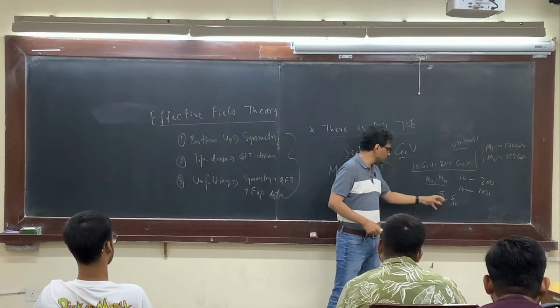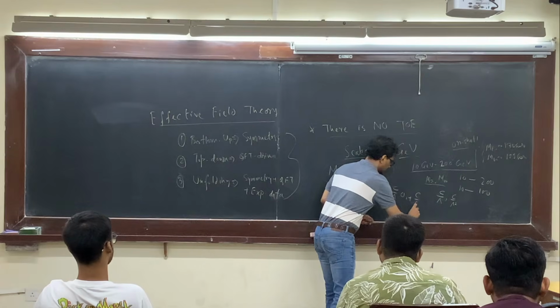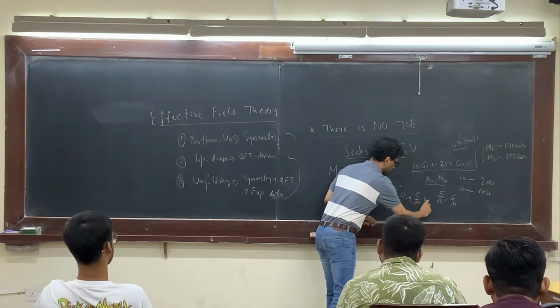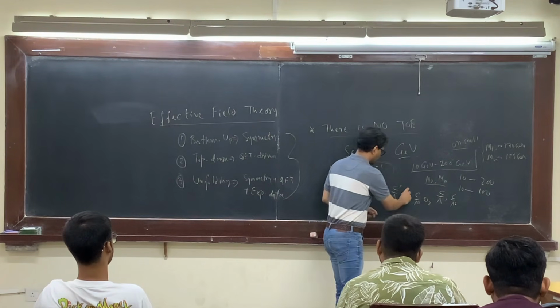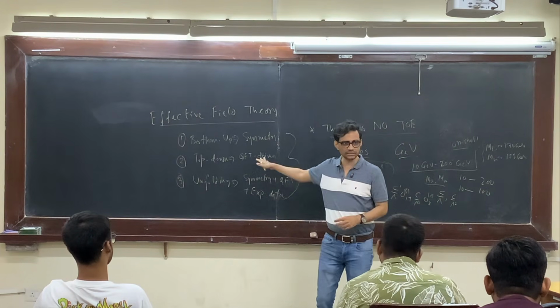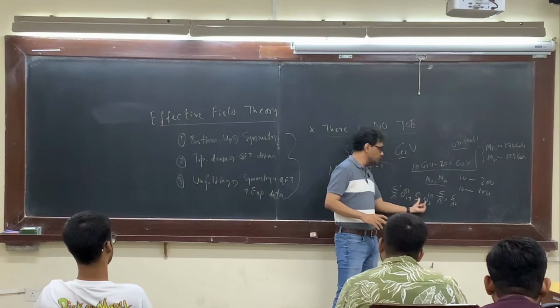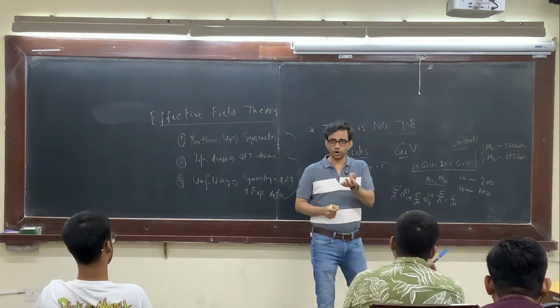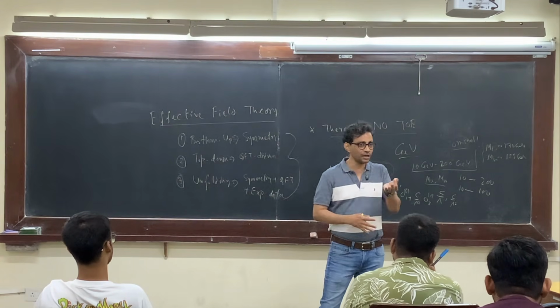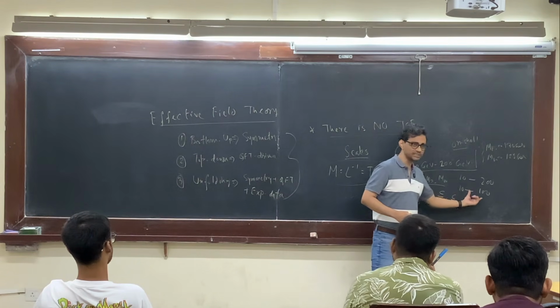So what I can do is add this kind of operator. Let me call it dimension 5, this is dimension 6 and so on, using the symmetry. And keep in mind, when I'm constructing these operators, the constituents of those operators are all my on-shell degrees of freedom, which I know in this range.